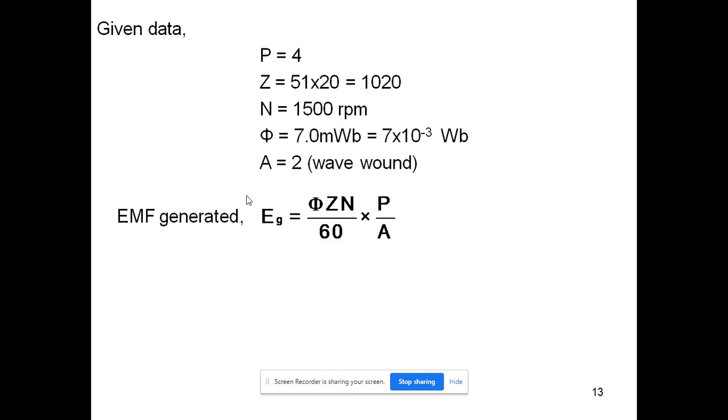Now here we have to find the EMF generated.